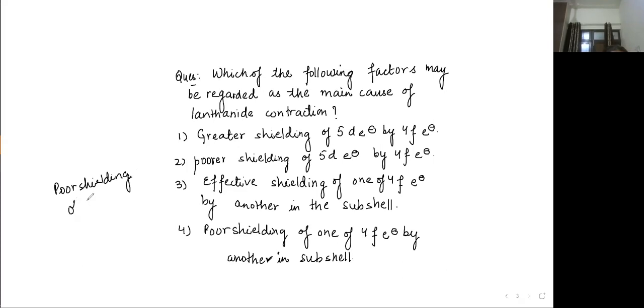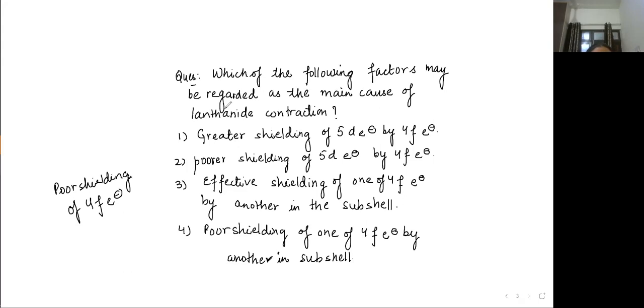In lanthanide contraction, have I mentioned 5d electrons anywhere? No. Remember, what is lanthanide contraction? In lanthanides, electrons will enter into 4f. So 4f electrons are poor shielders.